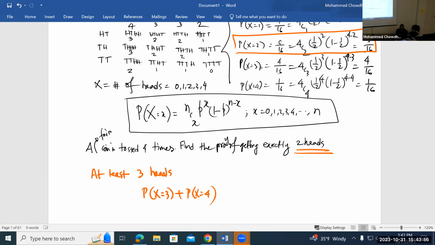Find the probability of at least 3 heads. Are you understanding? So now you can find it. How? 3 heads equal to 4/16 and 4 heads equal to 1/16, which is equal to 5/16. Are you understanding?